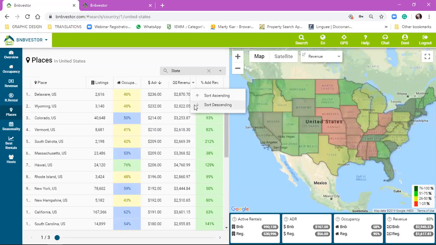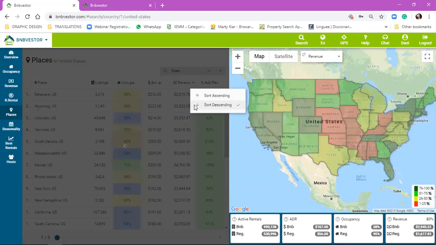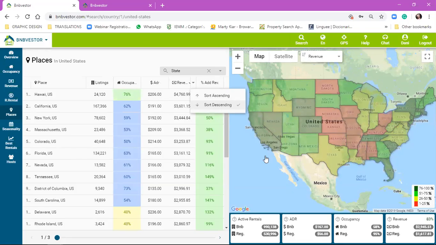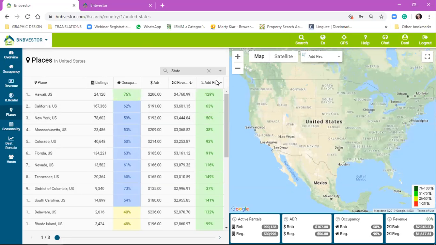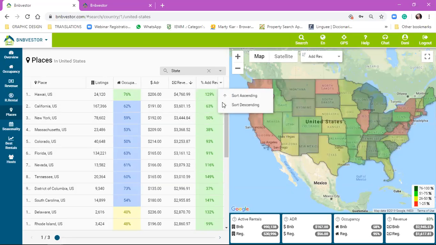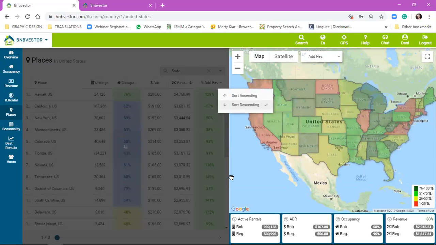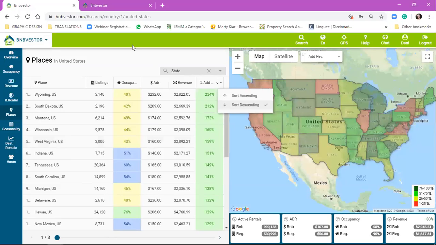We are going to sort descending again so we can see. And then our additional revenue, I'm going to change the distribution here so you can take a look at the states and sort. Oh, did I already click on it? Okay, there we go.